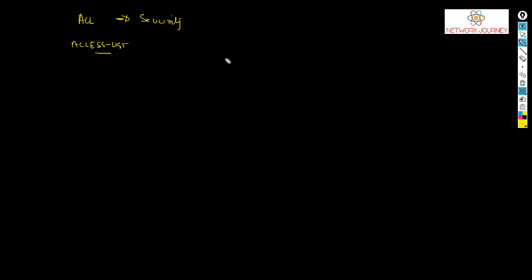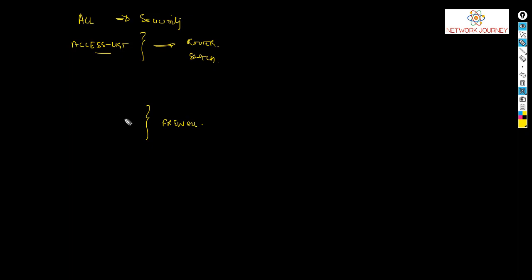Why do we need access lists on a Cisco router and Cisco switch, not on a Cisco firewall? Anyone knows the answer for that? I'm asking, why do we need access lists on a Cisco router or a switch and not on a firewall?